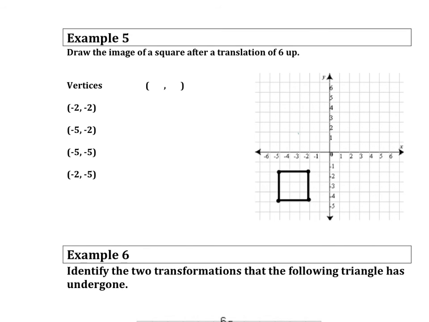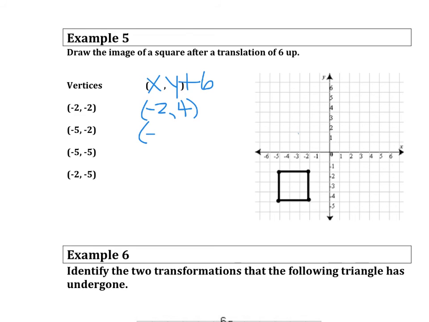So does the x change? The answer is no. I'm going up 6, so it should be y plus 6. All my y coordinates are going up 6. So I have -2. Now I'm taking my y coordinate, which is -2, but then I'm adding 6 to it. -2 plus 6, and if you need to use your calculator, by all means, please do. (-2, 4) would be my new point.